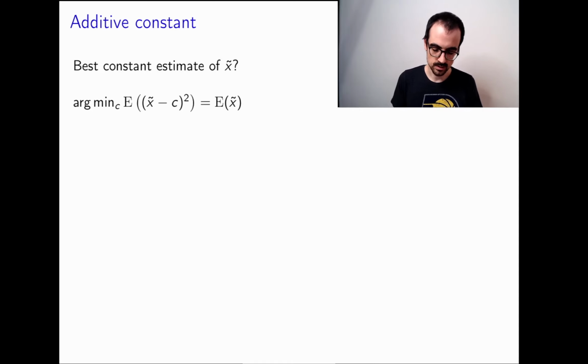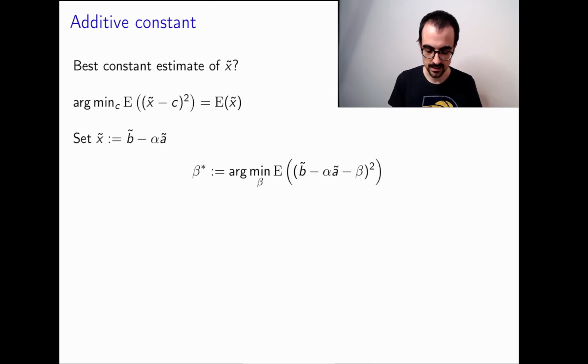So now, if we take this random variable X to be B minus alpha A, we're going to very quickly see that the optimal beta prime for any value of alpha is just the expected value of this random variable, right? Because we have this random variable X minus a constant.